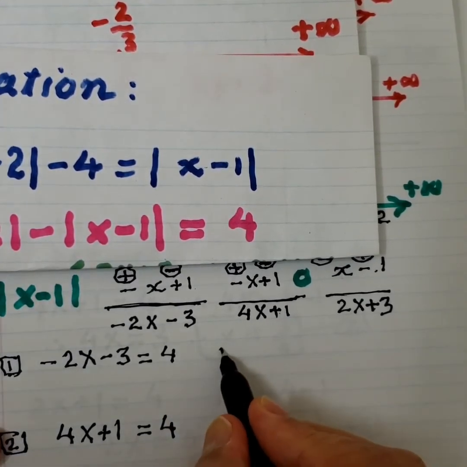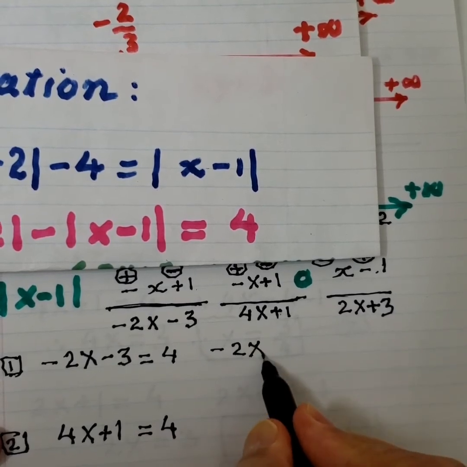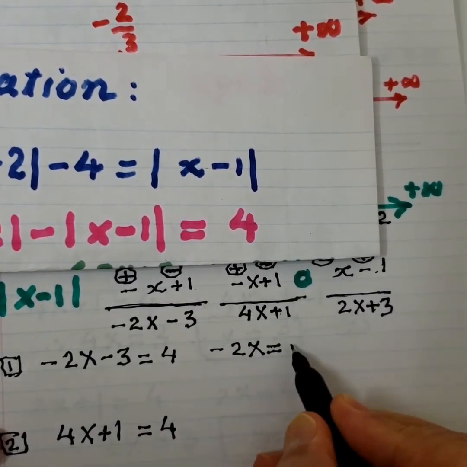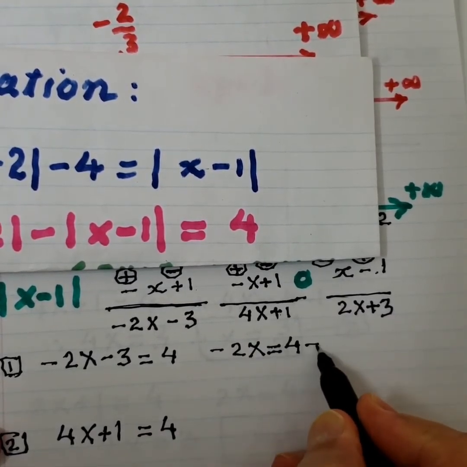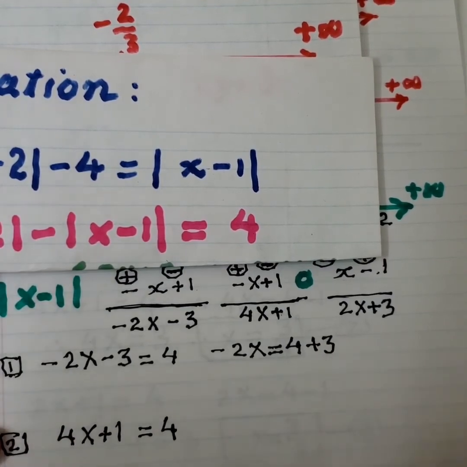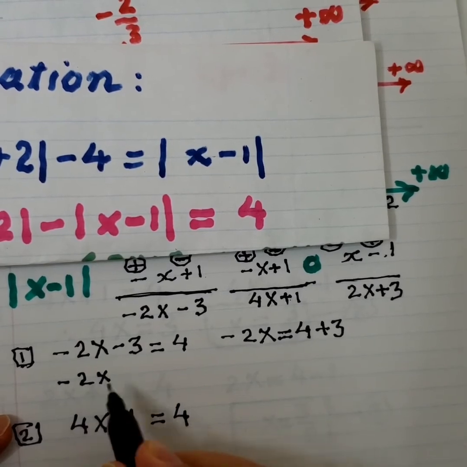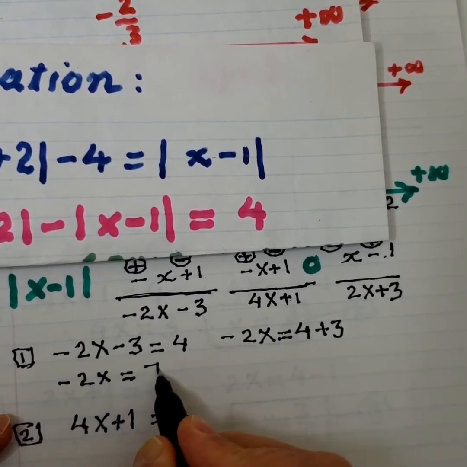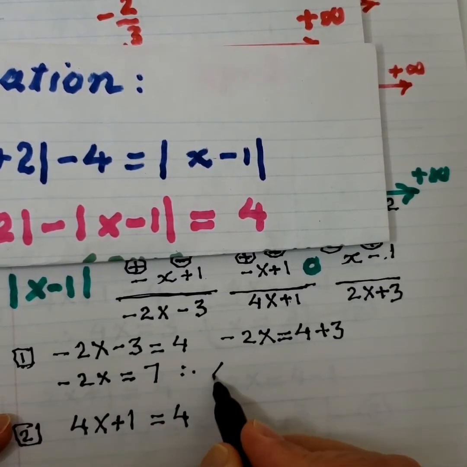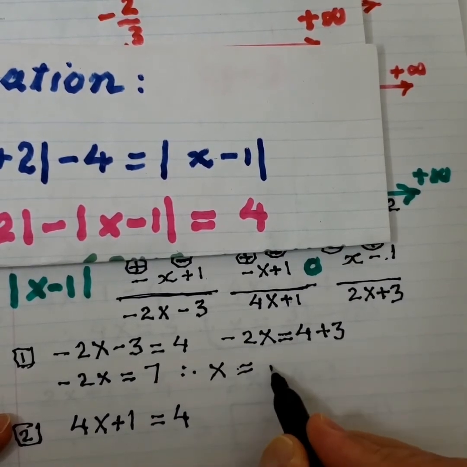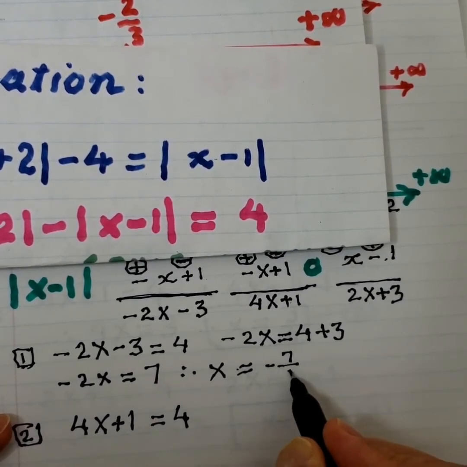That means minus 2x will be 4 plus 3, or 3 plus 4, whatever. That means minus 2x equals 7. That means x is equal to minus 7 over 2.